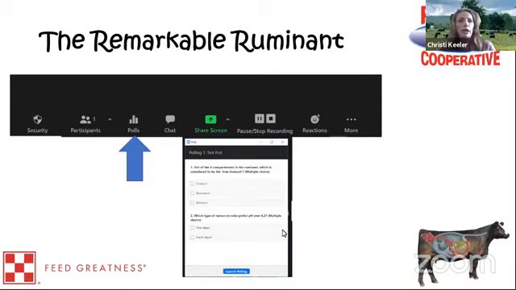When we think about the ruminant, you know that the ruminant is a great upcycler for us. One of the questions we've got tonight is, out of the four compartments in the ruminant, which is considered to be the true stomach? Omasum, abomasum, or the reticulum?